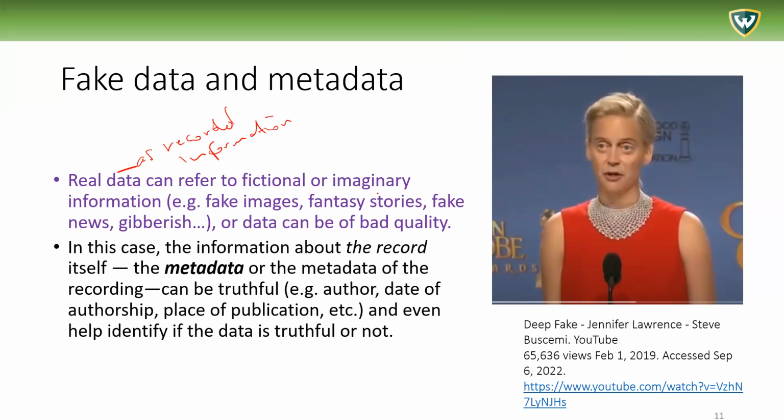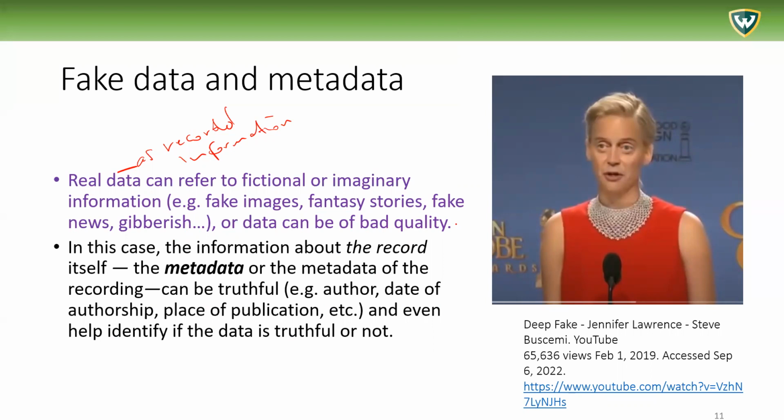So fake images, fantasy stories, fake news, the newspaper The Onion, gibberish, all that made-up stuff that is written in words, and fake or imaginary images, that can be real data. It takes symbols to represent that. And we have here an image of a deep fake pointing to that. Or it can also be data of bad quality.